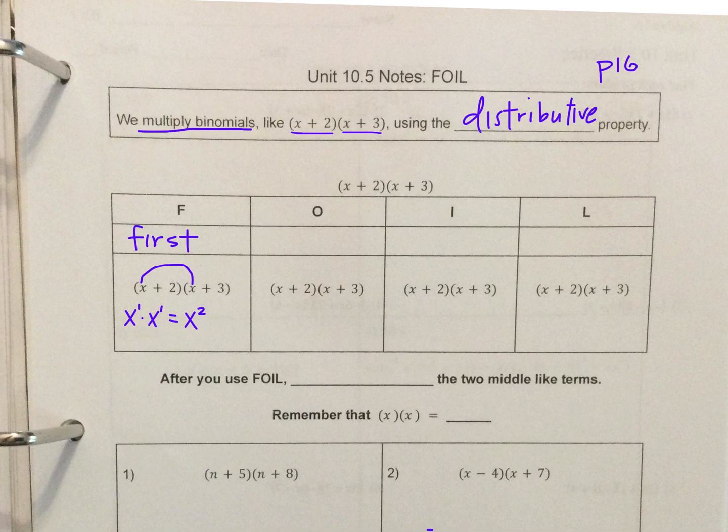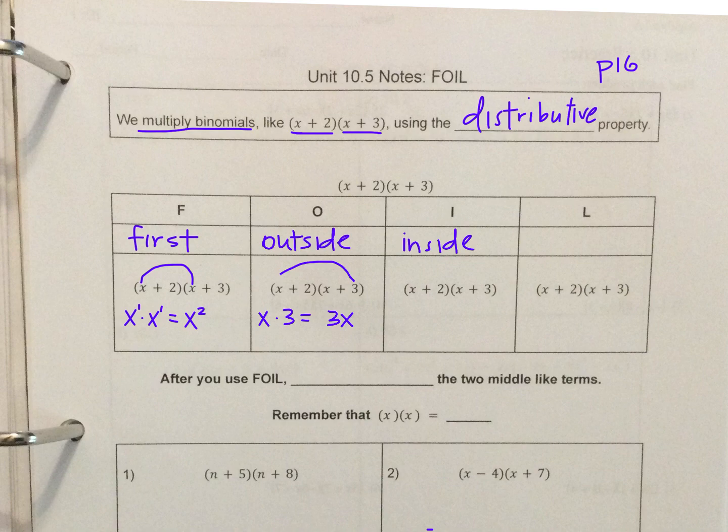O stands for outside. And that means the term on the outside. So it would be x times 3, which in Happy Math Land we write as 3x. I stands for inside, which is the 2 on the inside.